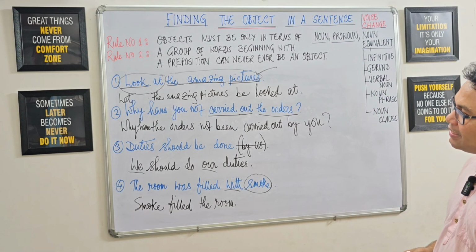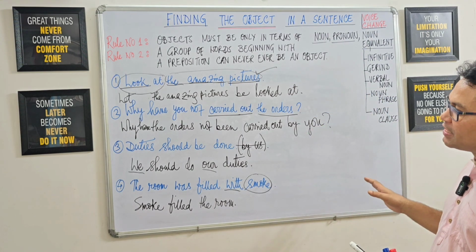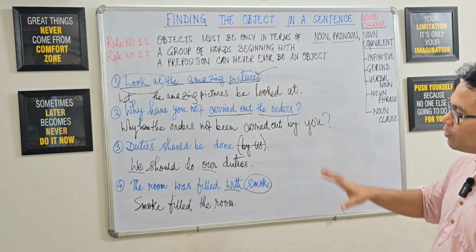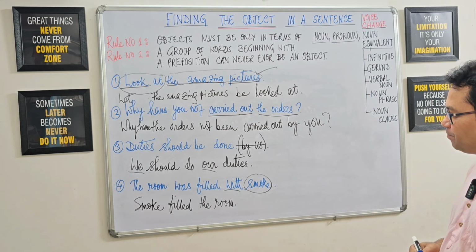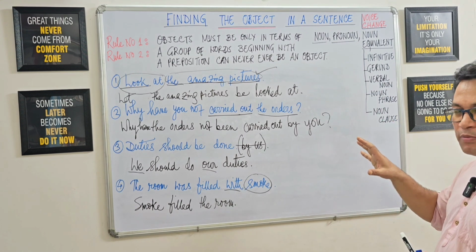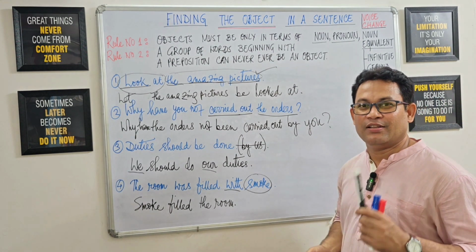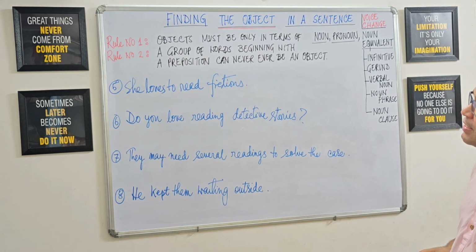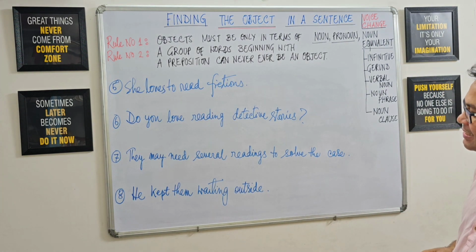So we have noticed that in these examples the objects are pretty simple in nature and we can detect those objects rather quite easily. Let us now find more examples where the objects will be complicated in nature. All right. Okay, 4 more sentences and let us find out the object in these sentences as well.